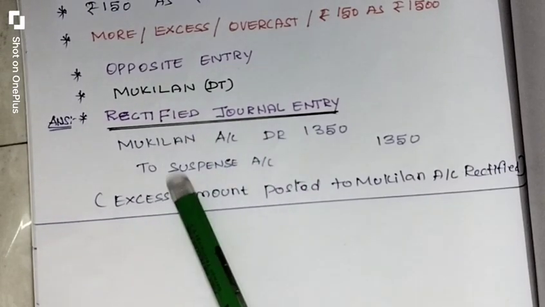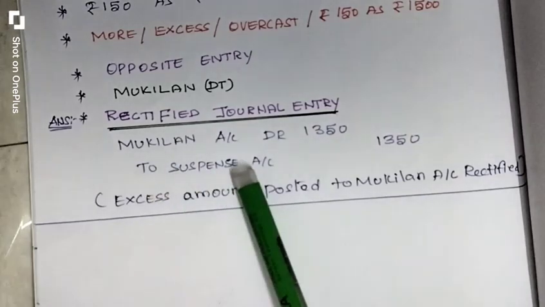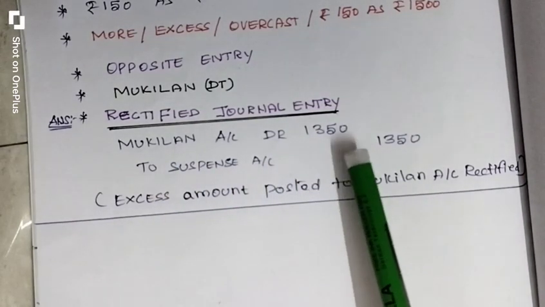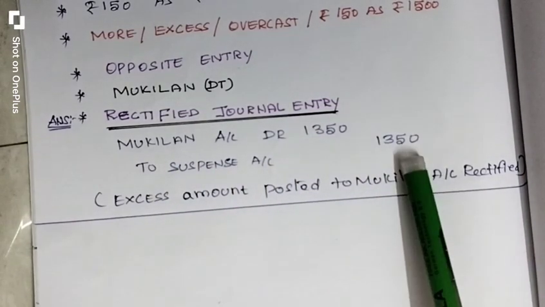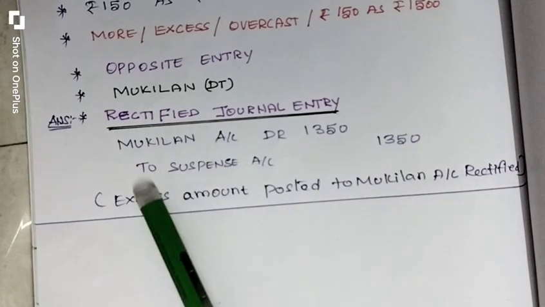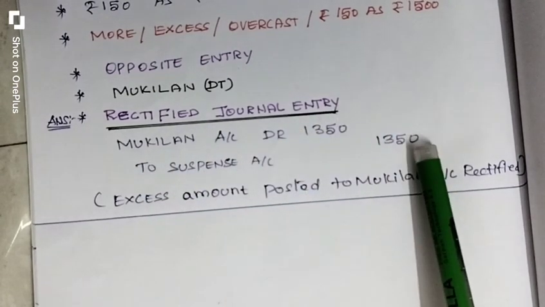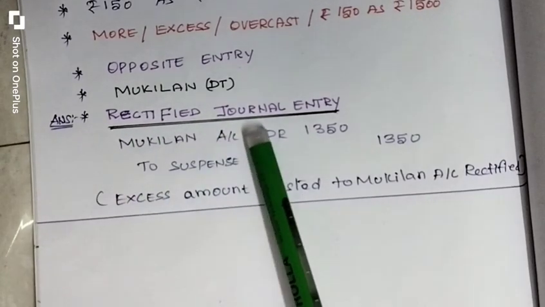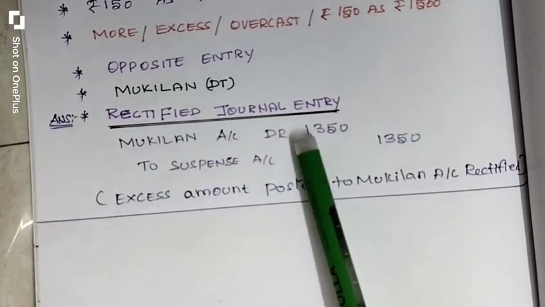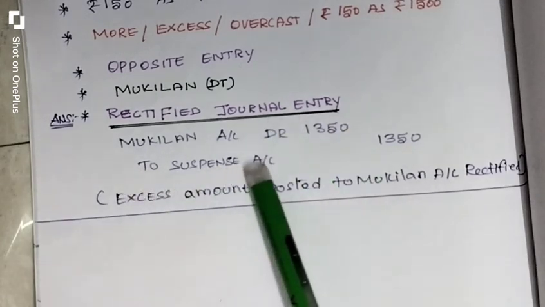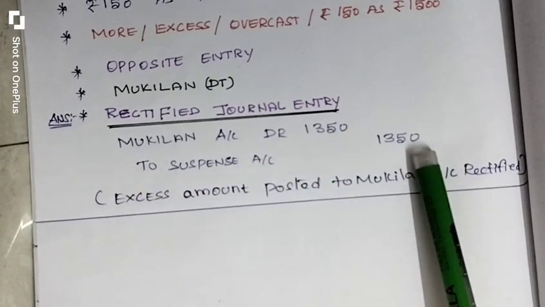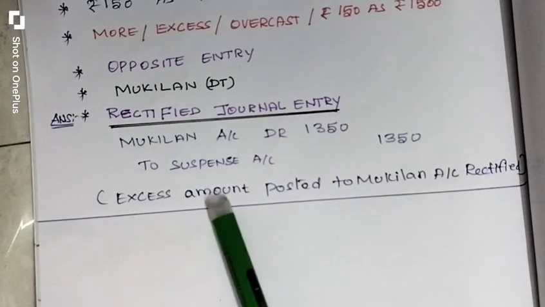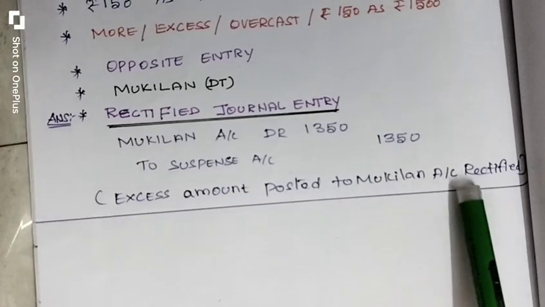On the opposite side, that means credit side, you have to create the suspense account to tally the trial balance for the 1,350 rupees. The rectification of the journal entry is Mukilan account debtor 1,350 rupees to suspense account 1,350 rupees. The narration is: excess amount posted to Mukilan account, now rectified.